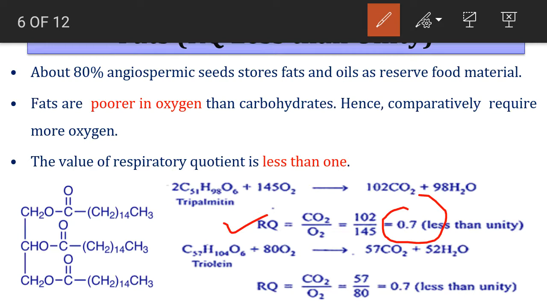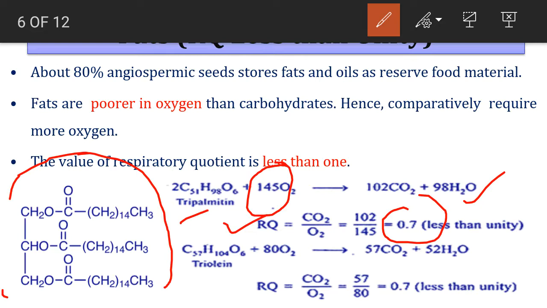So compounds which are poor in oxygen require more oxygen for oxidation, and ultimately the respiratory quotient is less than 1, or less than unity. This is the structure of tripalmitin.